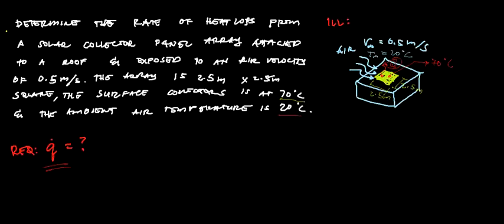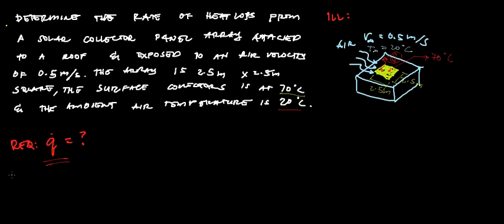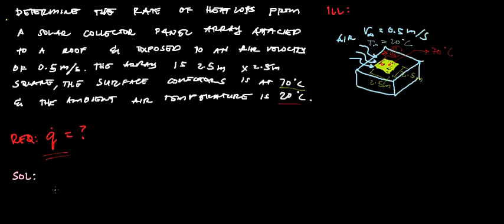So let us determine the heat loss from this solar collector array. For the solution, since we know that what we need to determine is Q, let us say our Q loss, or Q dot, whichever symbol you're gonna use.